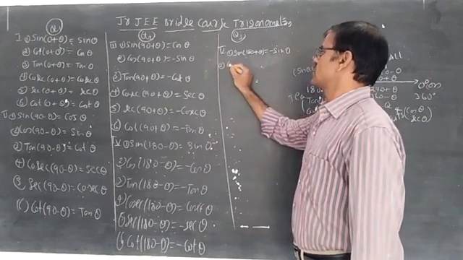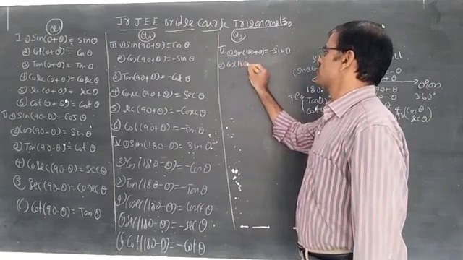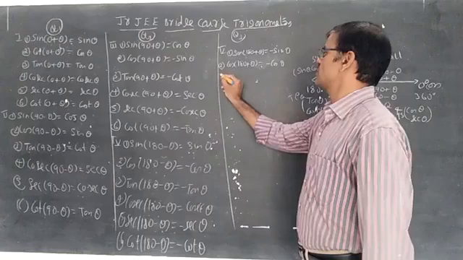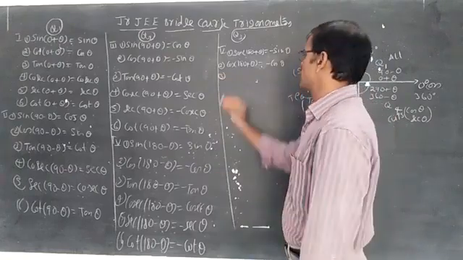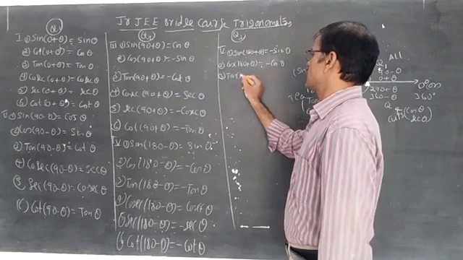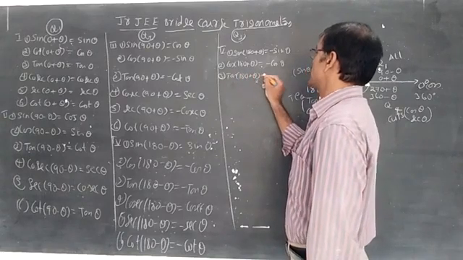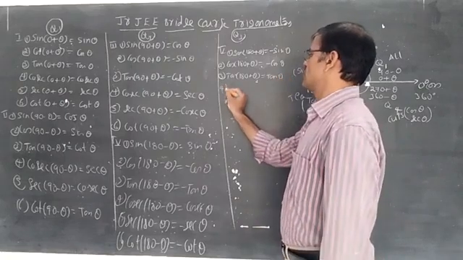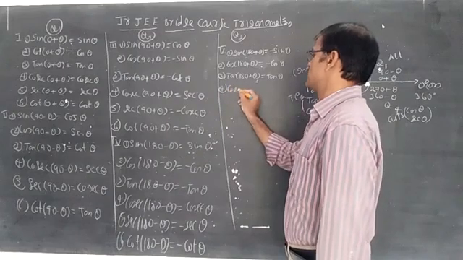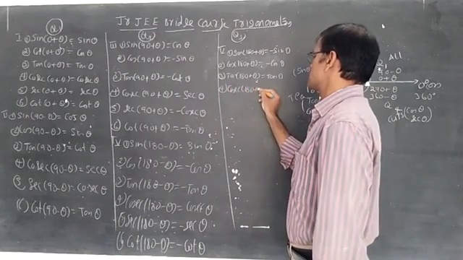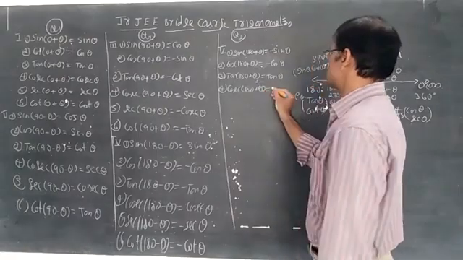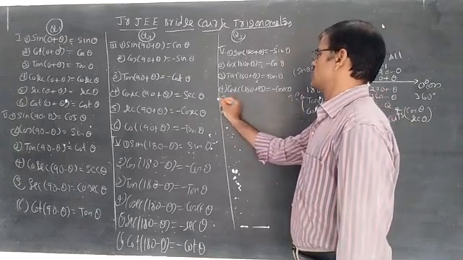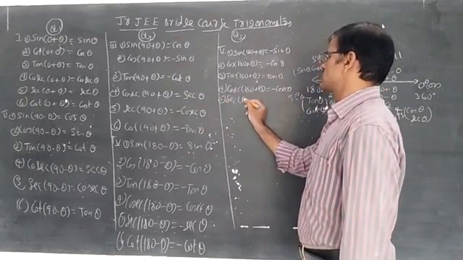Next, the second one, cos of 180 plus theta means minus cos theta. There is no question of changing the names in the case of 180 and 360. Now tan of 180 plus theta. Tan is positive, so as it is, you write tan theta. Cosecant of 180 plus theta, the name will not be changed, so you write minus cosecant theta.